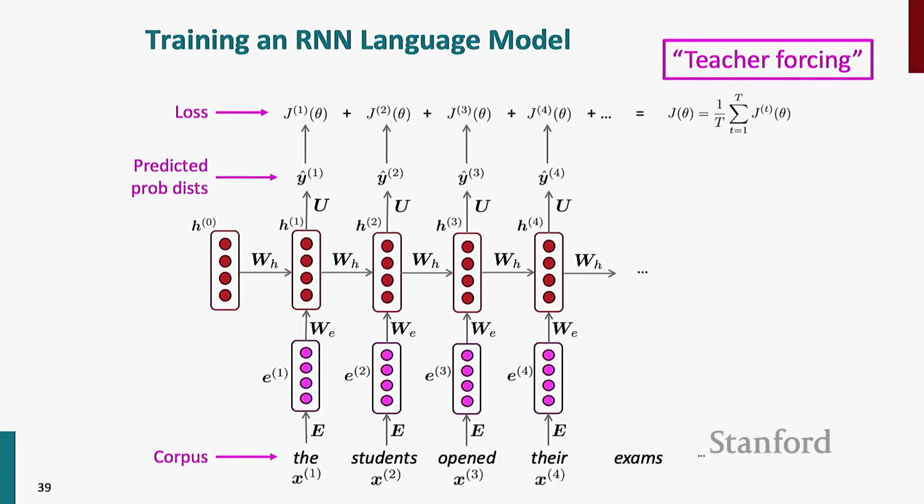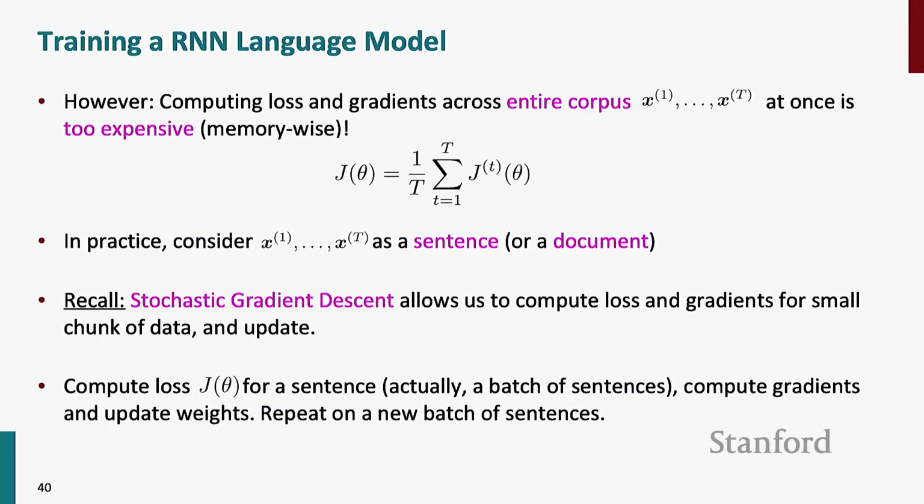Okay, so that's how we get losses, and then after that, we want, as before, to use these losses to update the parameters of a neural network. And how do we do that? Well, in principle, we have all of the text that we've collected, which you could think of as a really long sequence: we've got 1 billion words of text, here it is.